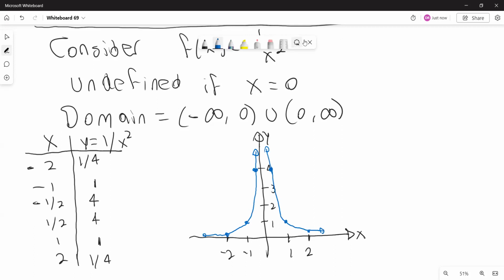So if you notice, we have 1 over x squared. So that function, the y values can never be negative. So as x approaches 0, f of x approaches infinity from both sides, from the left and from the right.